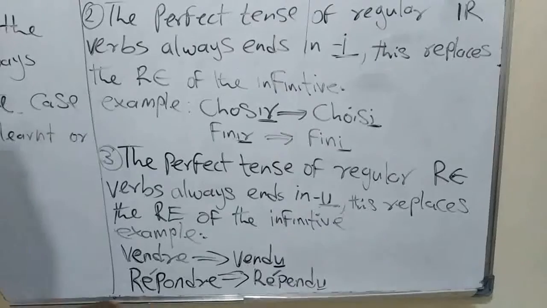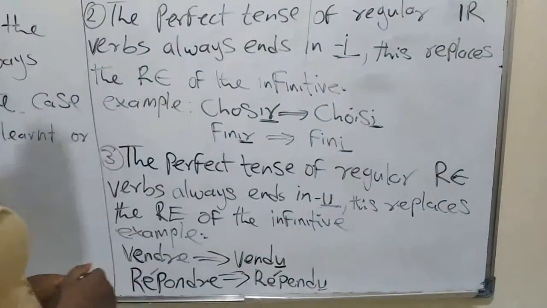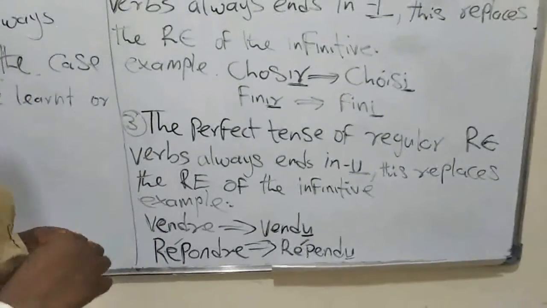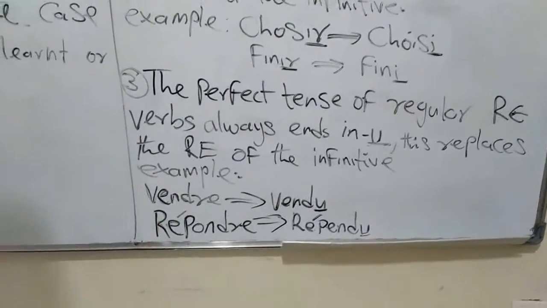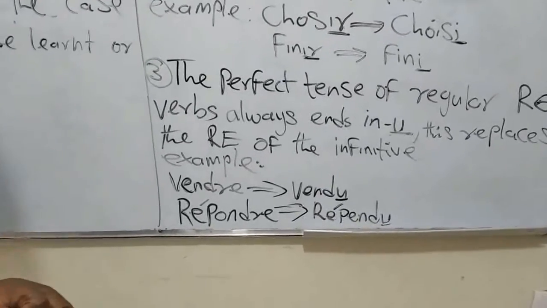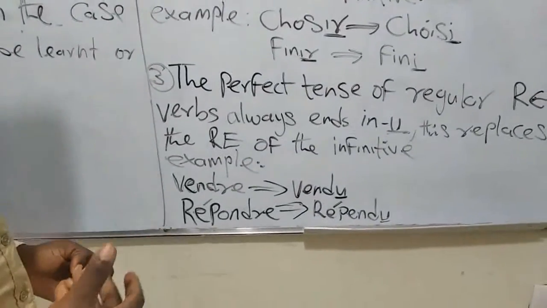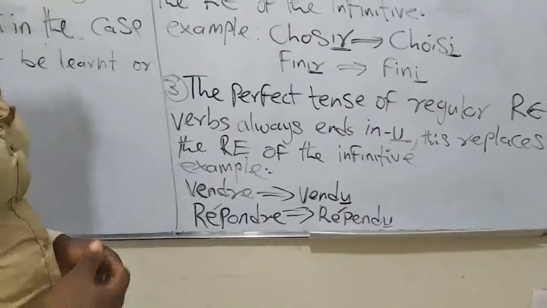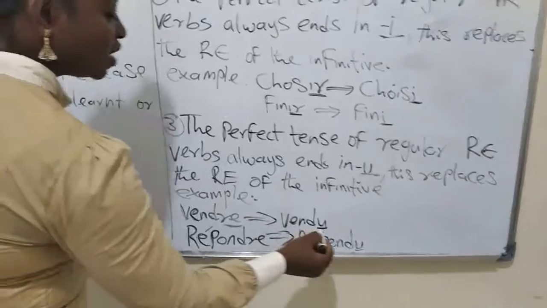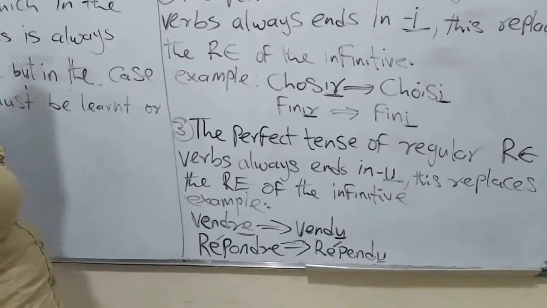Now this U replaces the RE, which is the infinitive. The example here is vendre. Now if you want to use it as passé composé, you now have j'ai vendu. J'ai vendu. So now the infinitive ending is replaced with U for passé composé.